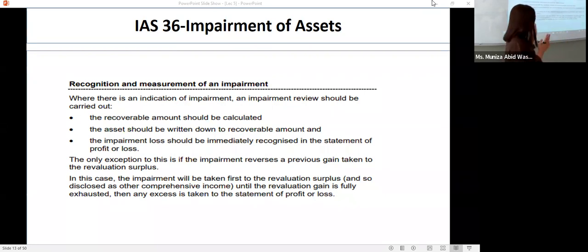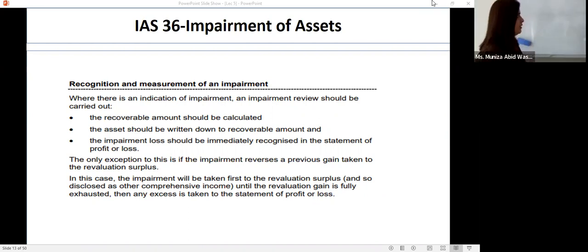Got it? The recoverable amount should be calculated. The first thing which you have to do in regards to impairment is that you have to calculate the recoverable amount. The asset should be written down to recoverable amount. The asset will be written in your books of accounts now at the recoverable amount, and the impairment loss should be immediately recognized in the statement of profit or loss.